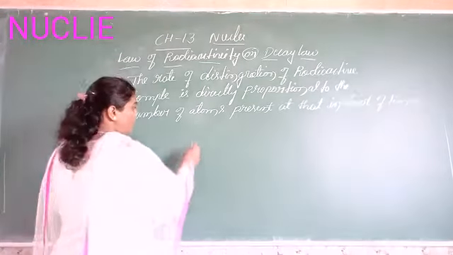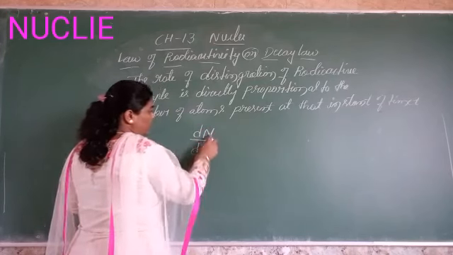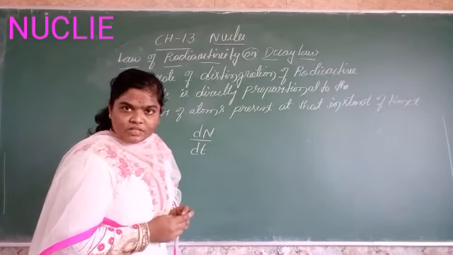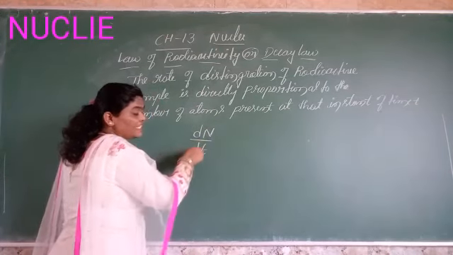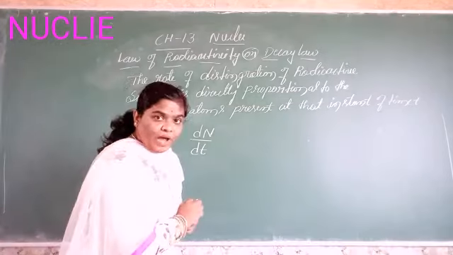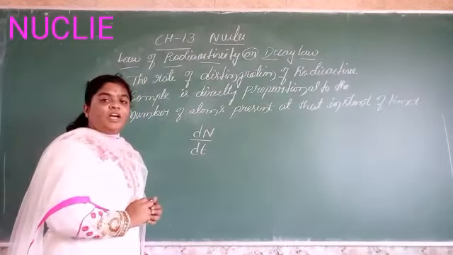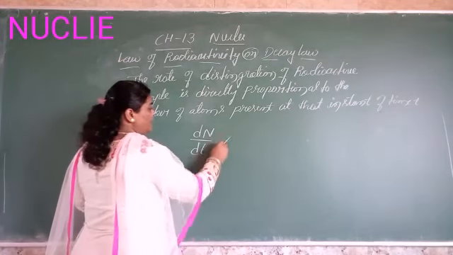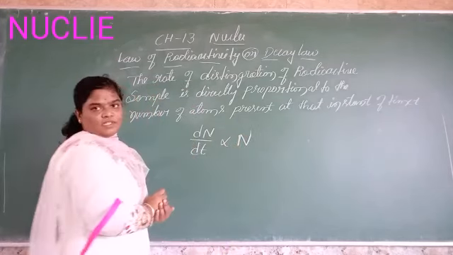So, that is given dN by dt. Here the line represents the radioactive sample. dN by dt means the rate of disintegration of the radioactive sample. The rate of disintegration is directly proportional to the number of atoms.